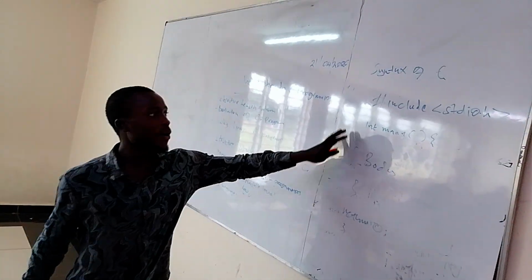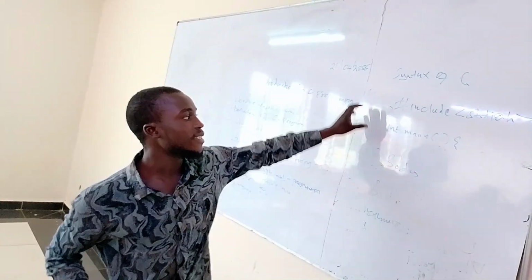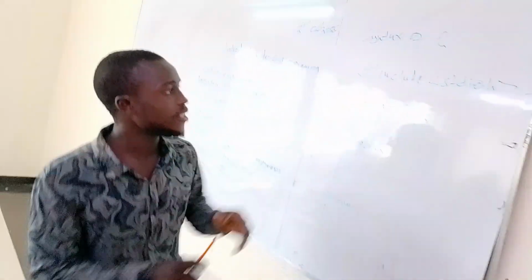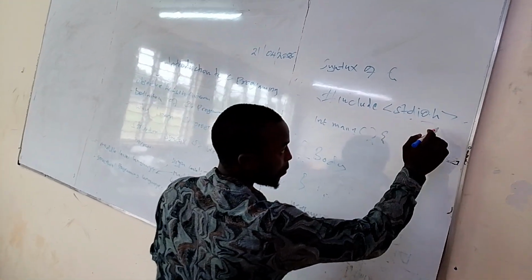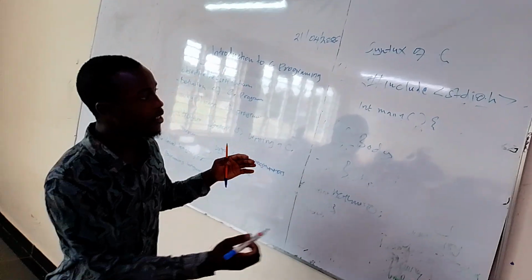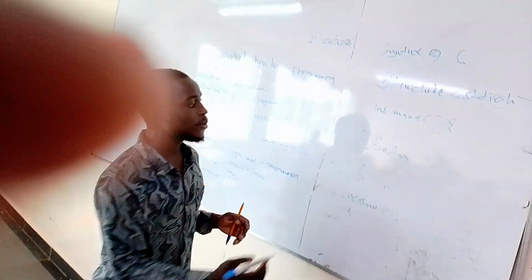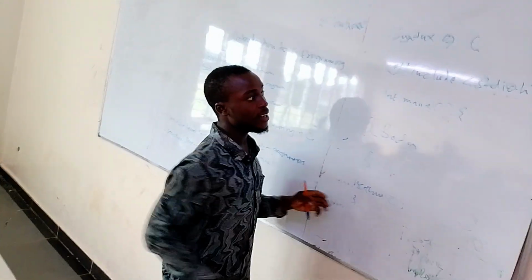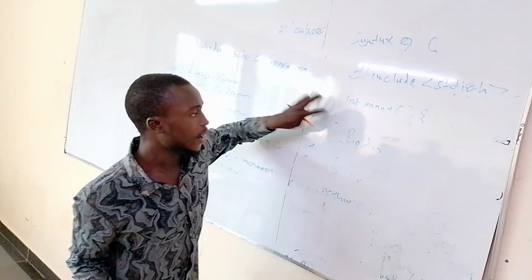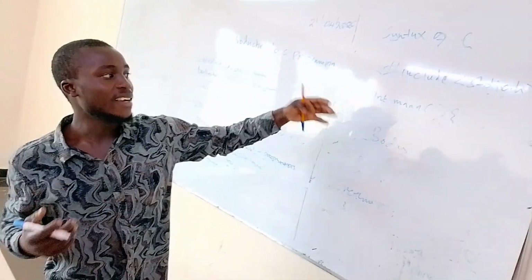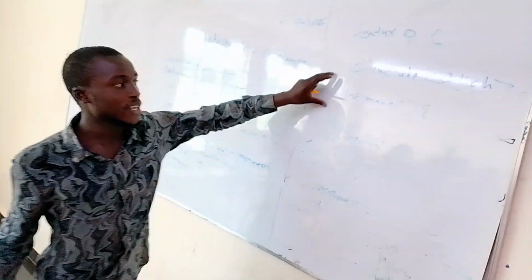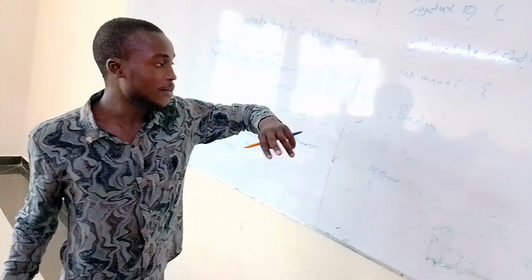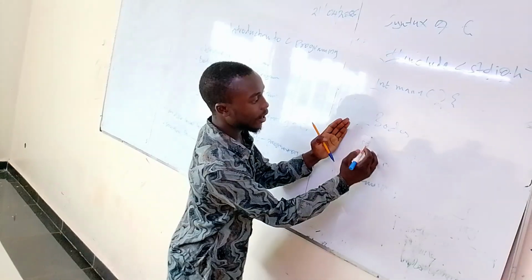So this is our body of the C. We start by first including the files we want. This is the header file. Here we have included the standard input output file, meaning that this file will help us when we want to input and output, maybe using our keyboard and displaying it. This is our int main. This shows the initialization of our program, and here is where we can write our code.